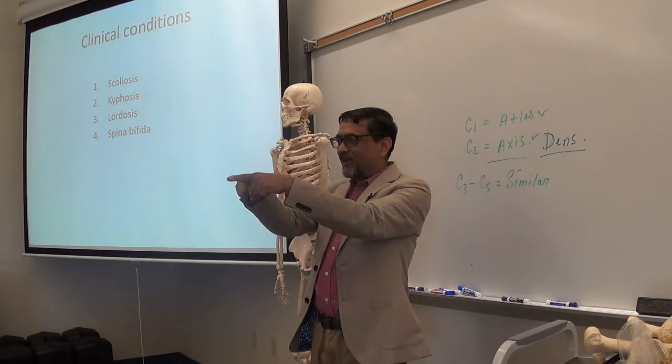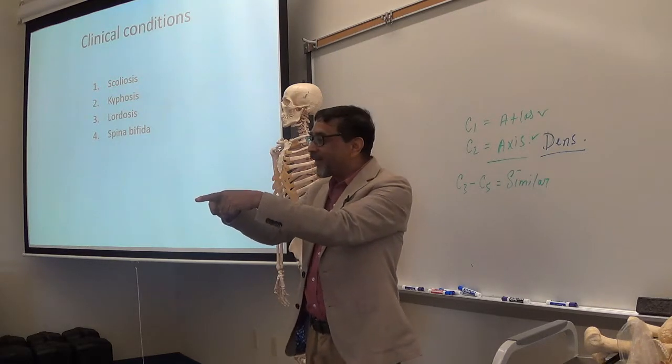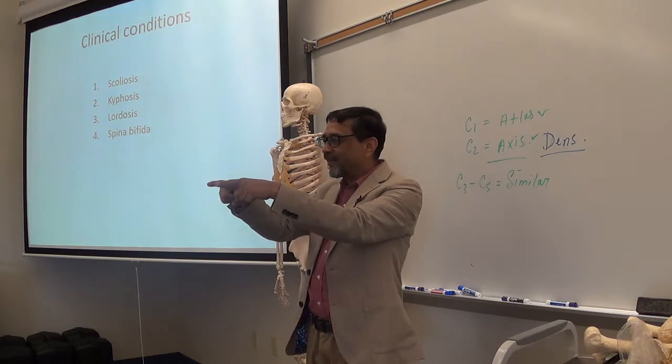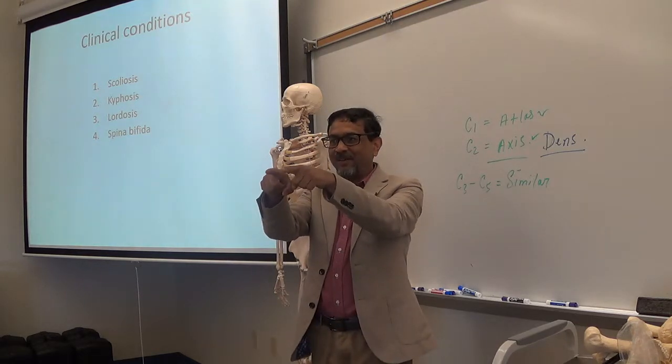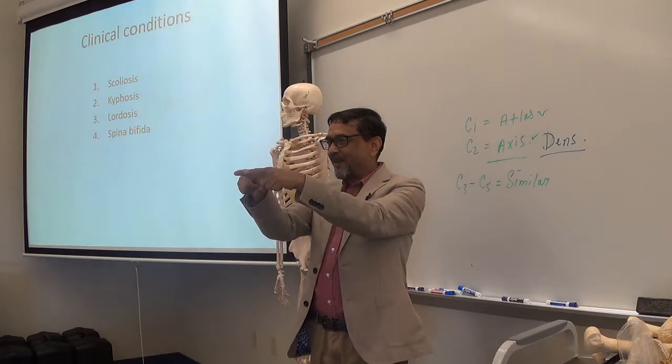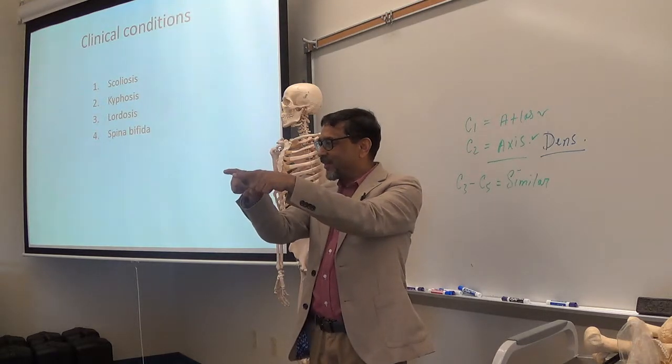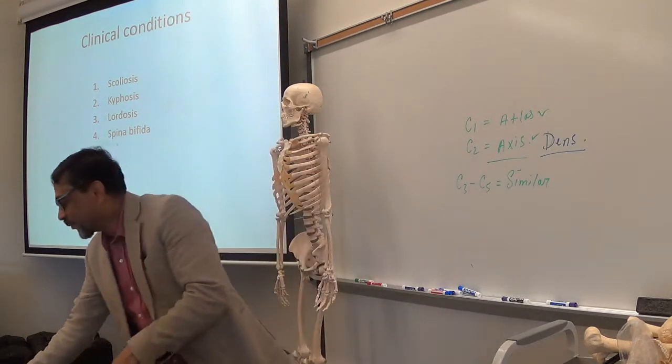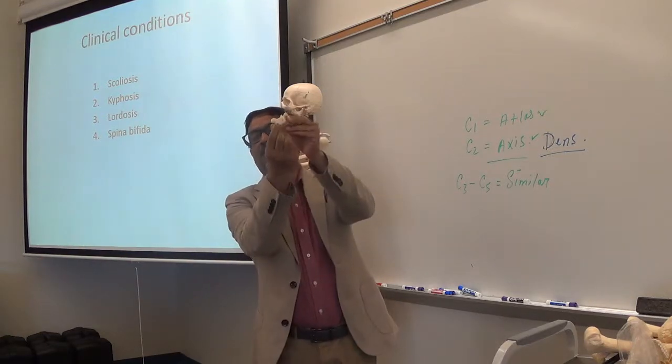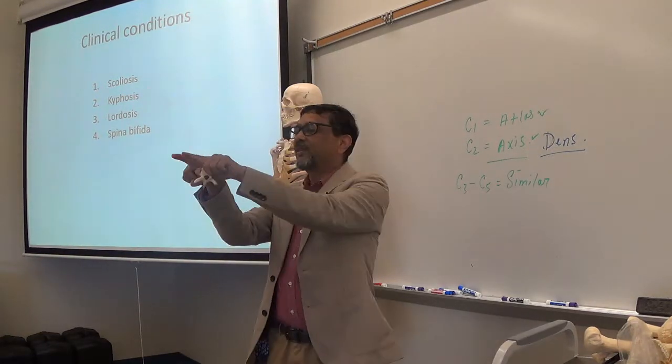Make sense? Now, if that fusion doesn't happen, then what will happen? It will remain separated, like this, and the gap will remain there. So the spinous process is not formed by fusion, there is a gap.